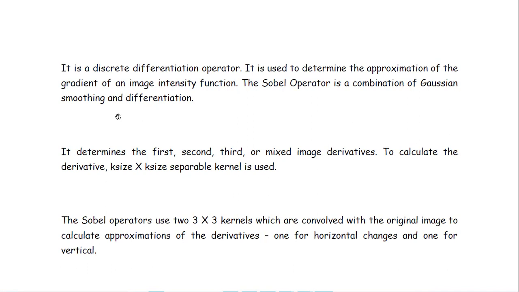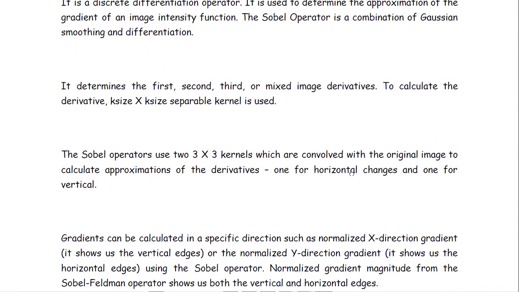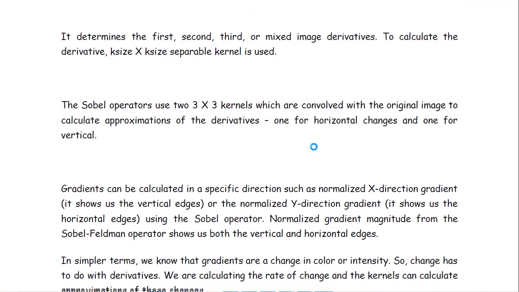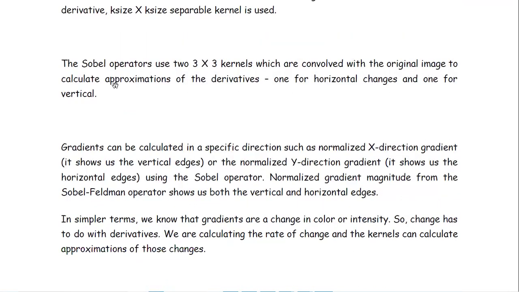About Gaussian smoothing, we discussed in the last class. Now it determines the first, second, third, or mixed image derivatives. To calculate the derivatives, a k-size by k-size separable kernel is used. I'll show you what we mean by k-size. This Sobel operator uses k by k kernels, which are convolved with the original image to calculate the approximation of the derivatives, one for the horizontal and the other for the vertical.